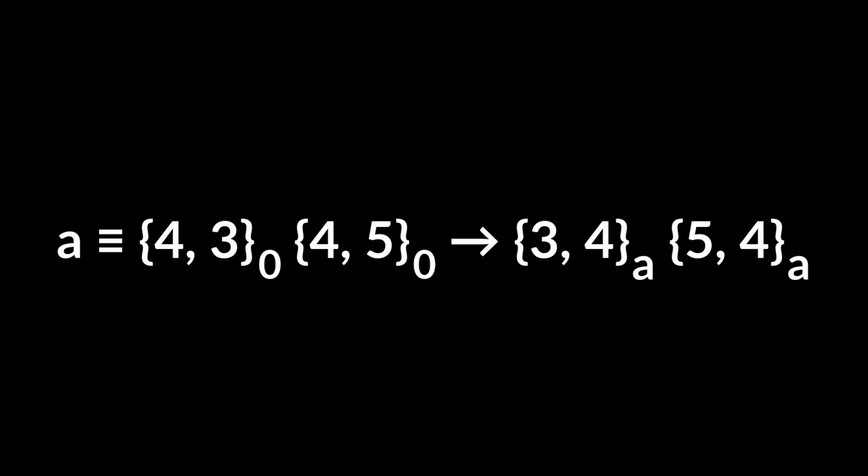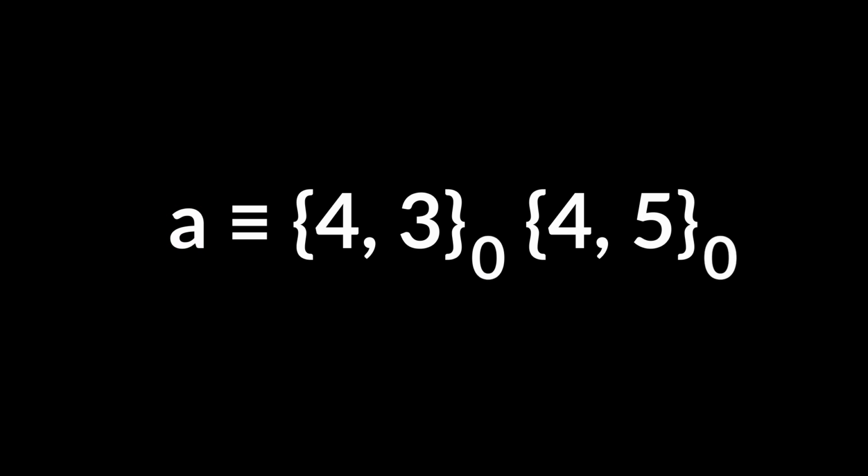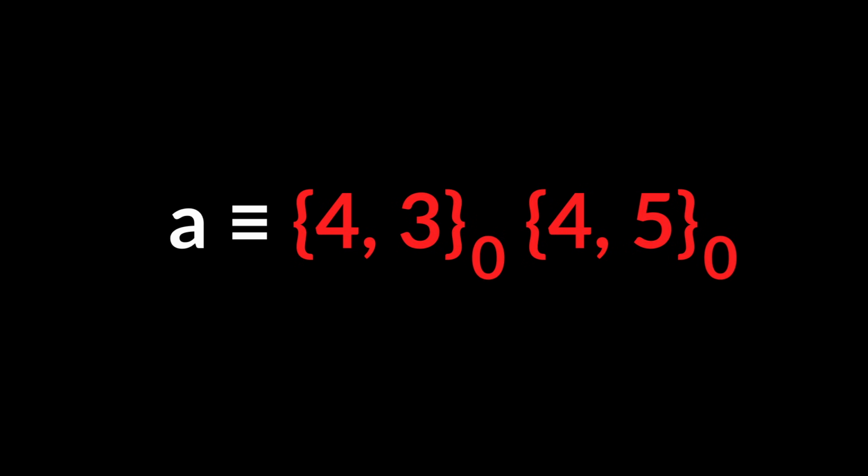Specifically, we can identify A as the event that matches edges 4, 3, 0 and 4, 5, 0, deletes them and creates edges 3, 4, a and 5, 4, a. Actually, much of that identification is redundant. If A is the event that matches edges 4, 3, 0 and 4, 5, 0, then we know from the rule that it must delete them and create edges 3, 4, a and 5, 4, a. All we need to know to identify event A is that it's the event that matches edges 4, 3, 0 and 4, 5, 0.